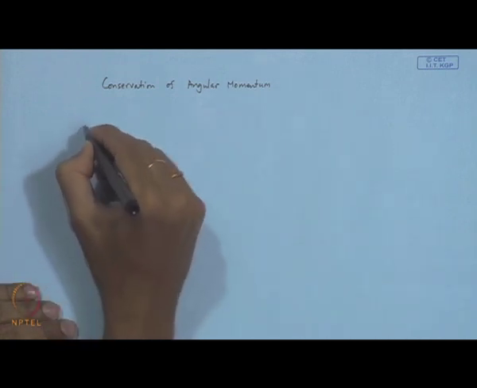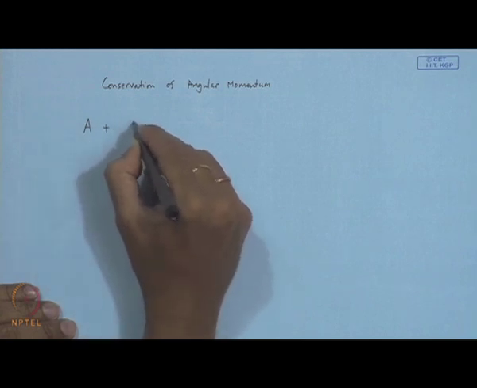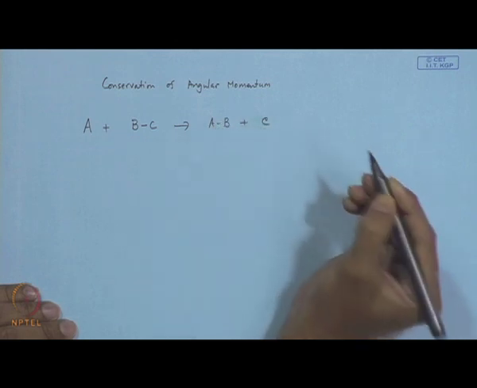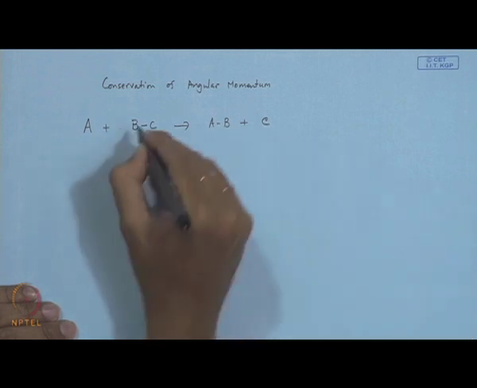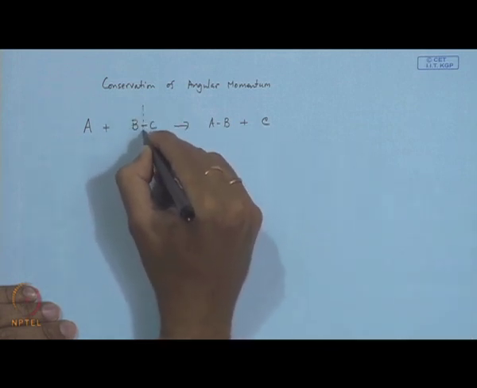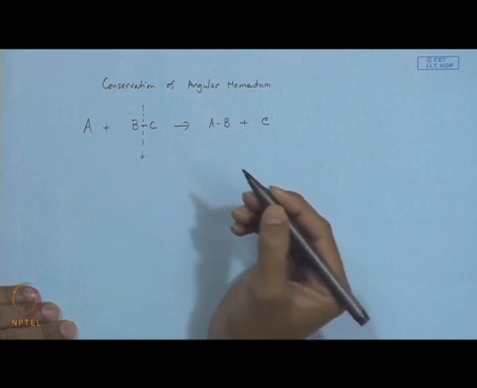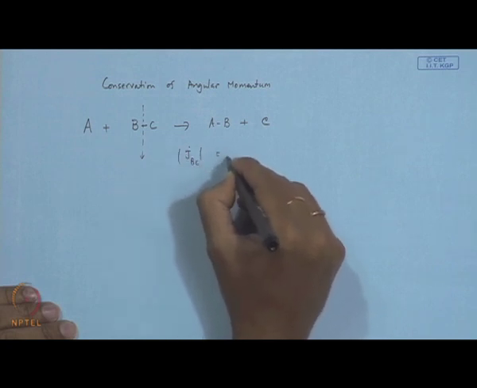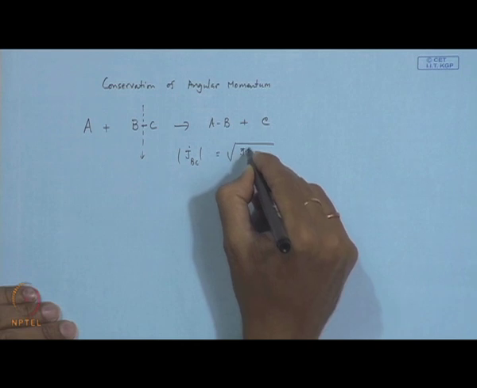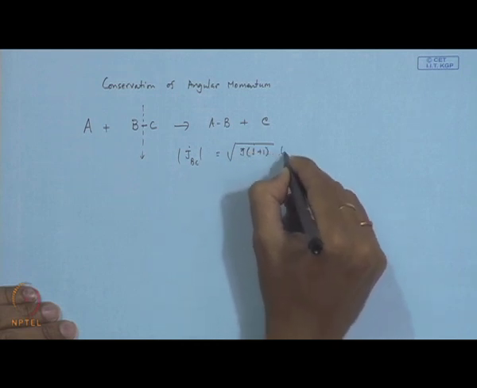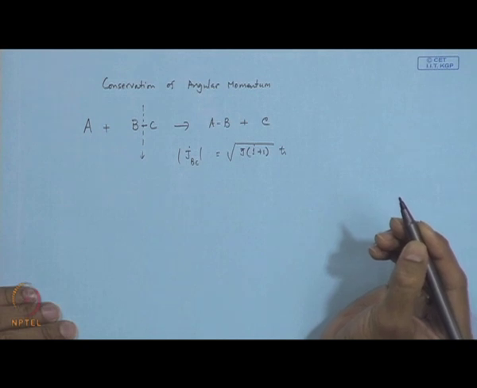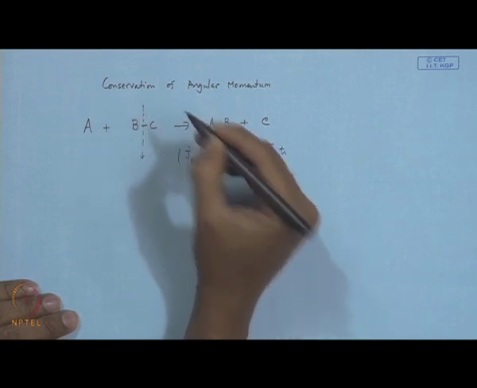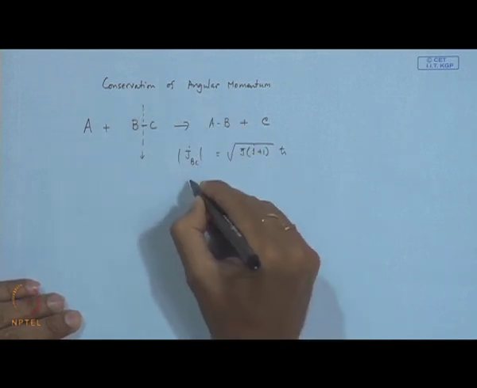We are talking about A plus BC giving rise to AB plus C. This has the rotational angular momentum: J_BC is equal to the root of J into J plus 1 in ħ units.